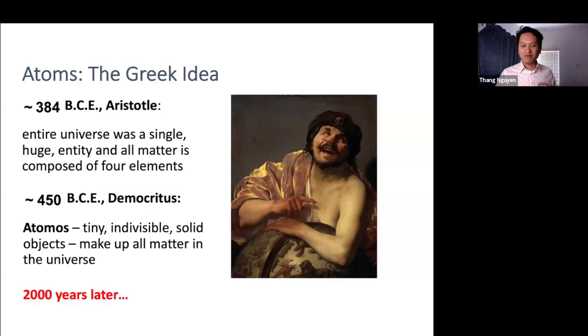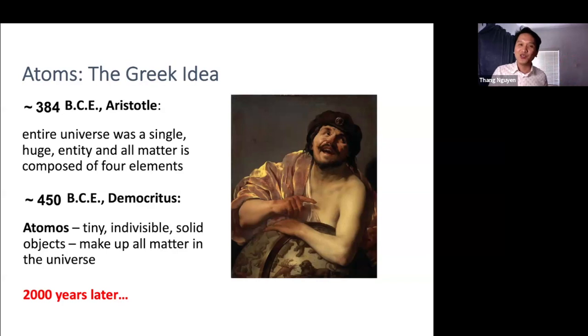Because of that, for about 2,000 years, Aristotle and the philosophers' ideas predominated, and the idea of atoms faded away until around 2,000 years later in Europe, the scientific revolution comes, where we rediscover this idea of atoms.